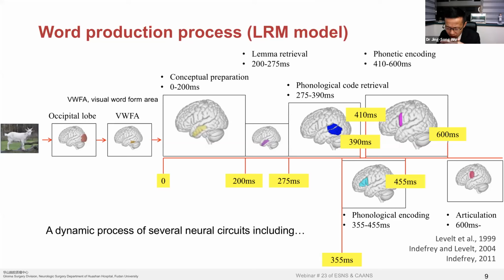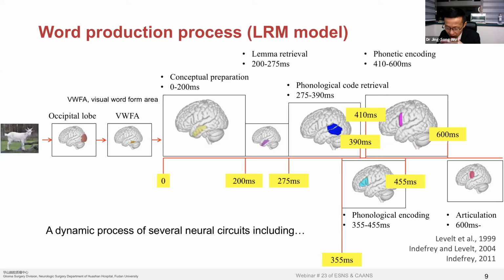Next, the posterior part of the middle temporal gyrus and superior temporal gyrus get activated to complete the phonological code retrieval process. This step takes approximately 275 to 390 milliseconds, during which the word goat is translated into the correct phonemes.